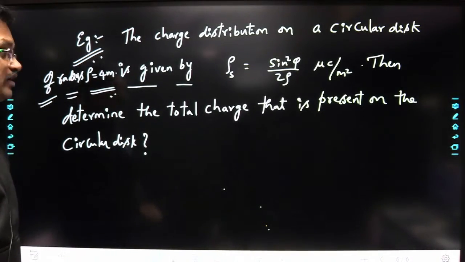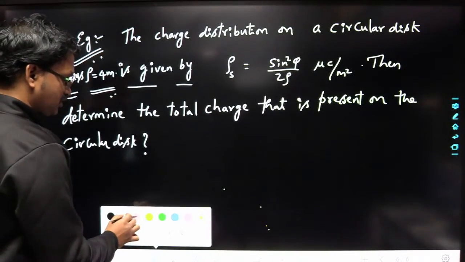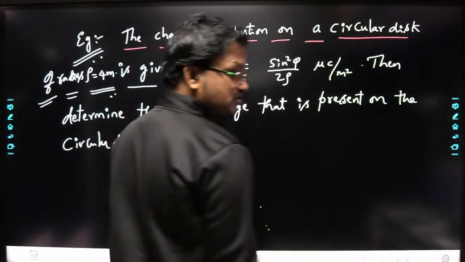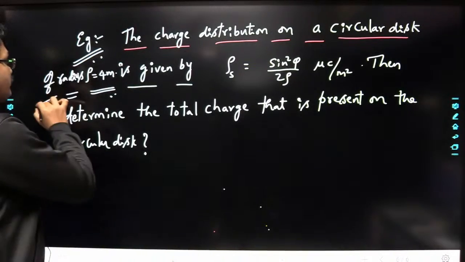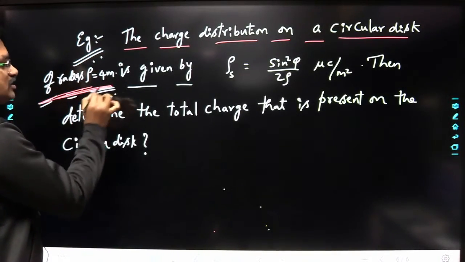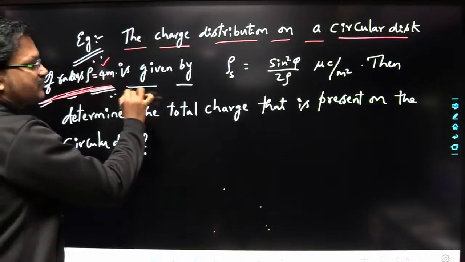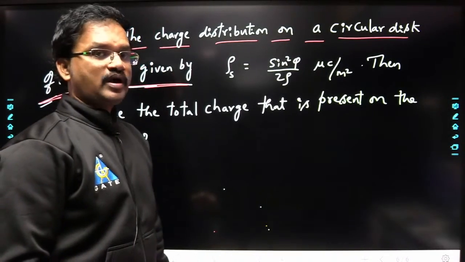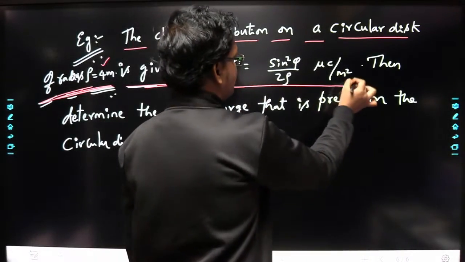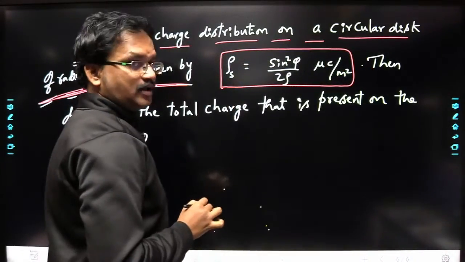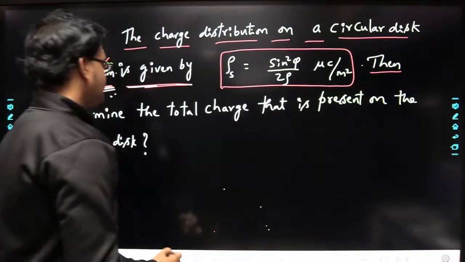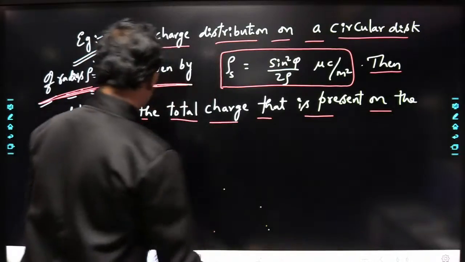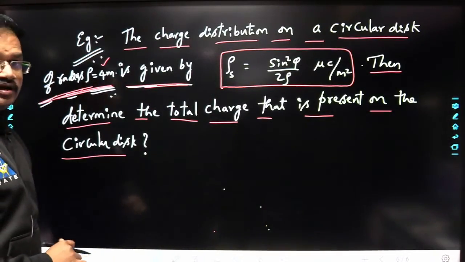Okay, so what they have given here, the charge distribution on a circular disc of radius rho equal to 4 meters is given by rho s is equal to sin square phi by 2 rho microcoulomb per meter square. So then determine the total charge that is present on the circular disc. Understood?